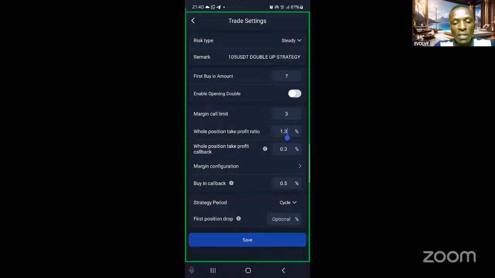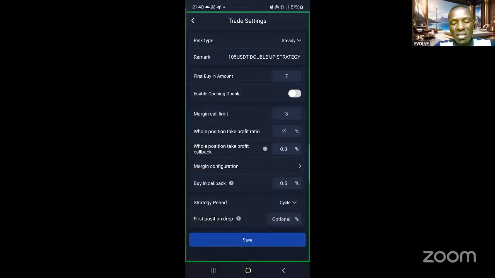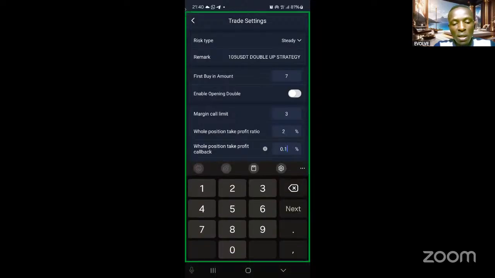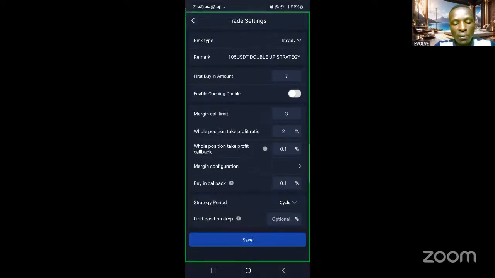Simple. For the whole position take profit ratio, you can put 3, you can take 1.5, you can take even 1% depending on the coin we're trading. We'll put here 0.01, and 0.1 for the callbacks, and I'm done. Just like that.